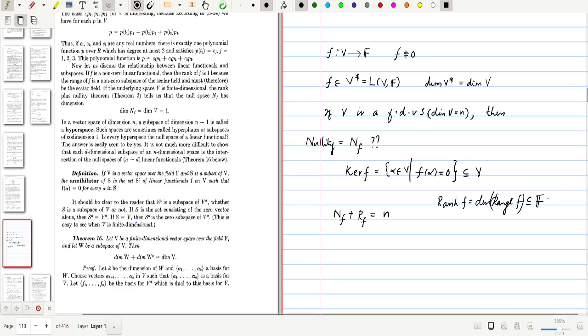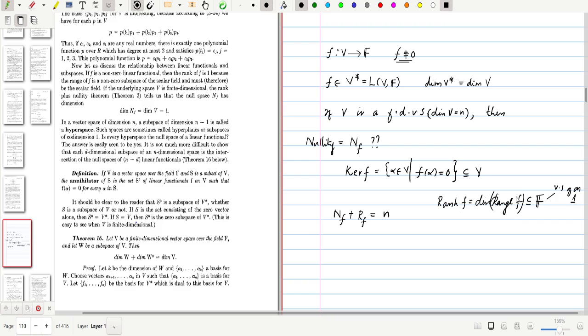But we know that F is a vector space of dimension 1. Since the range of f contains one non-zero element, because we consider f as a non-zero linear functional, that non-zero element will be a basis for the range of f.